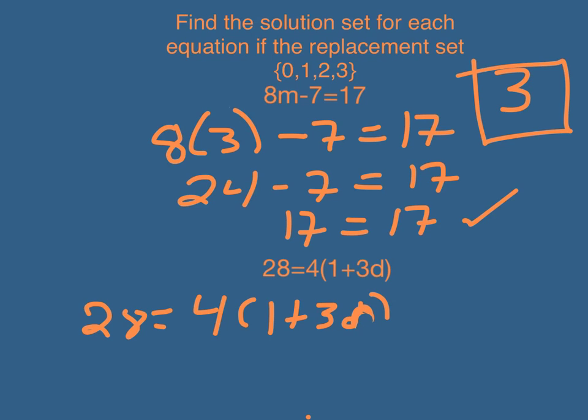Alright, that should be 0. So then we have 3 times 0 is 0. 1 plus 0 would be 1. And then 4 times 1 is 4. And we could quickly see that 4 isn't going to equal 28. So 0 is not going to be a solution for this equation.